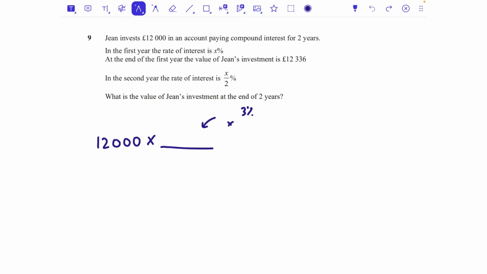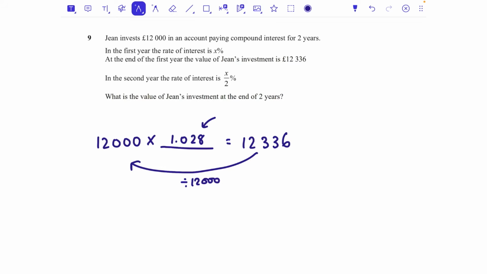Okay, so I know it's been timesed by some multiplier and we've got 12,336 at the end of that first year. So if I do 12,336 and I divide by 12,000, I should be able to get what that multiplier is. So 12,336 divided by 12,000 is 1.028.